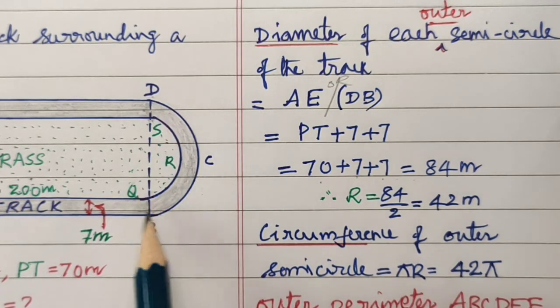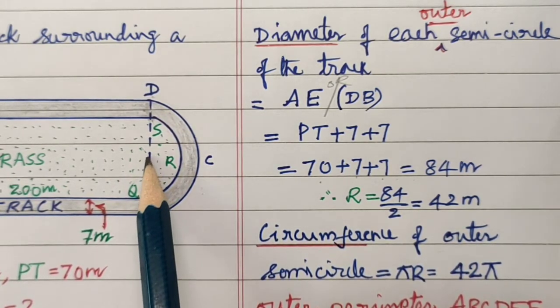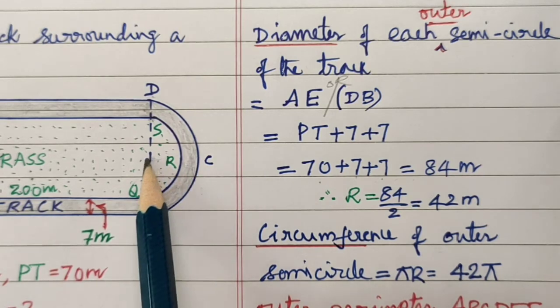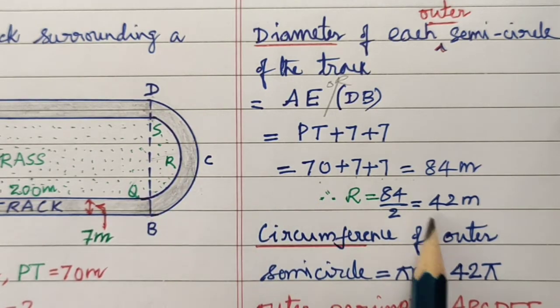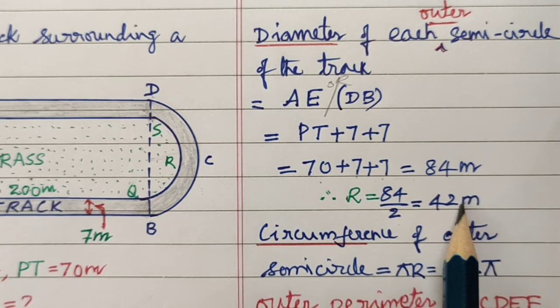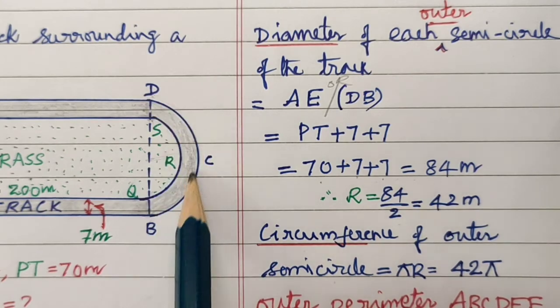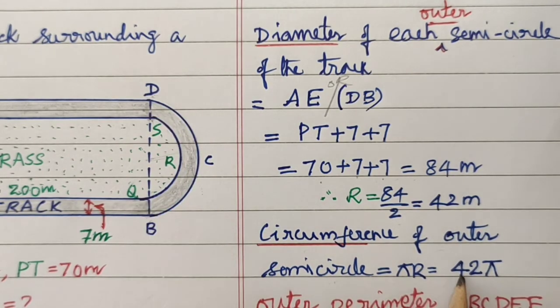Then the radius r of this outer semicircle is 84 divided by 2, that is 42 meters. Then the circumference of the outer semicircle is pi r, because it is a semicircle. If it were a full circle, it would be 2 pi r. So pi r is equal to 42 pi.